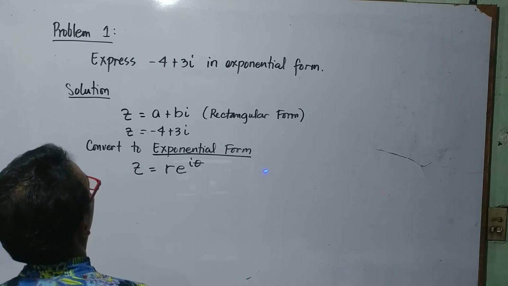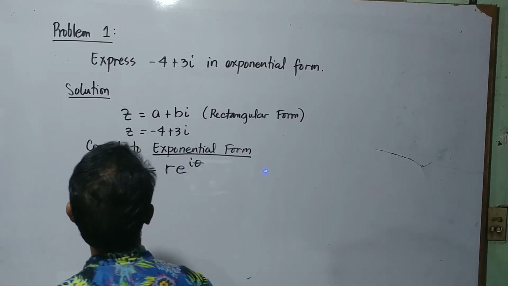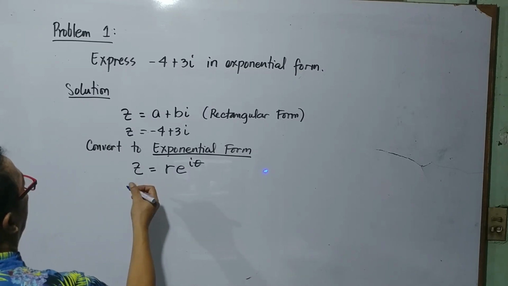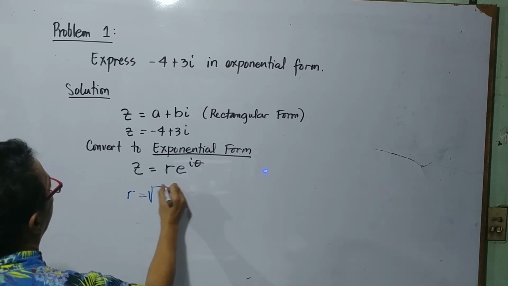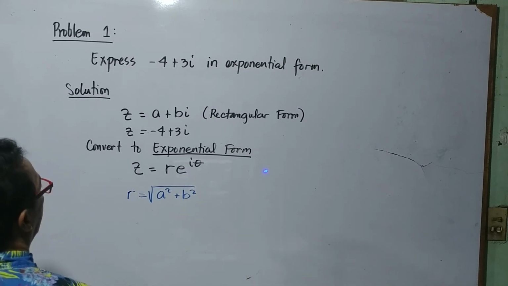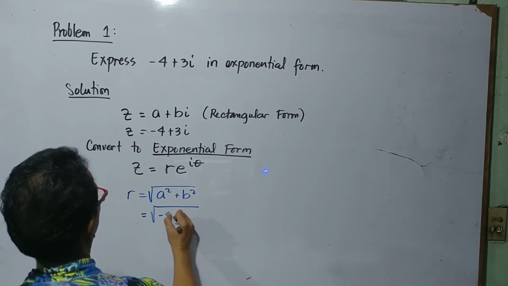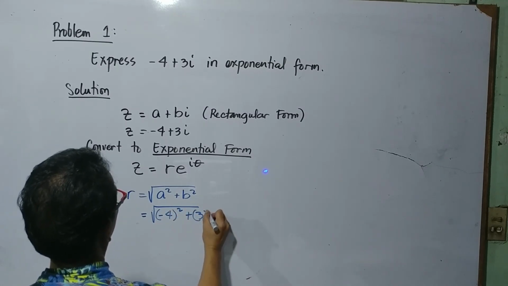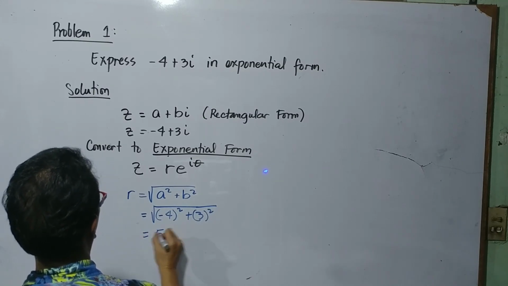So, what is our R? R equals the square root of A square plus B square. Or we have the square root of negative 4 square plus 3 square. R now is 5.